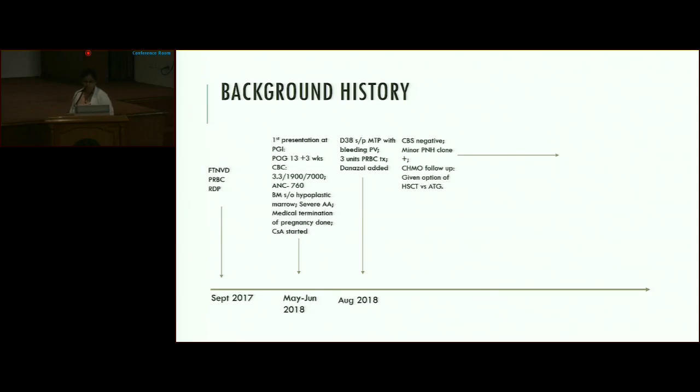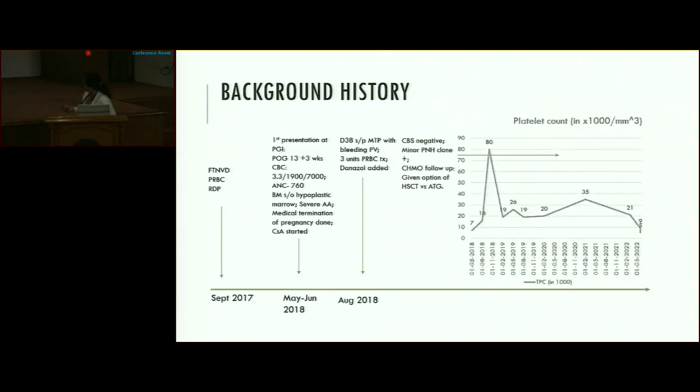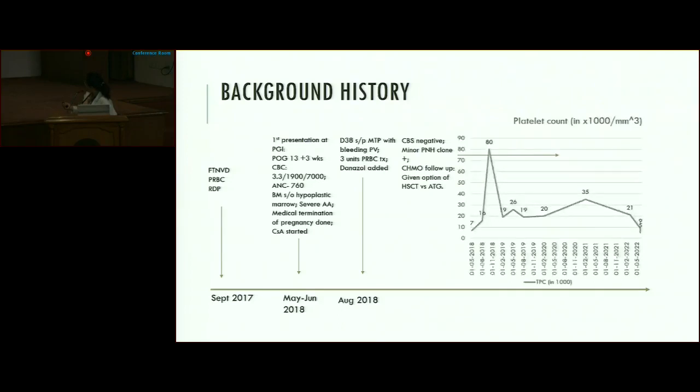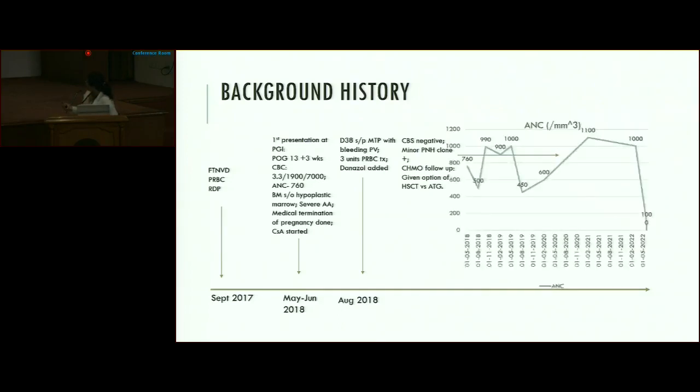And she was given the option of stem cell transplant versus antithymocyte globulin, but she decided to proceed ahead with cyclosporin. During this period, her platelet counts hovered between 20,000 to 40,000 and reached a low of around 5,000 during her current admission. Her ANC always stayed between 500 to 1,000 and reached a nadir of 0 in her current admission.